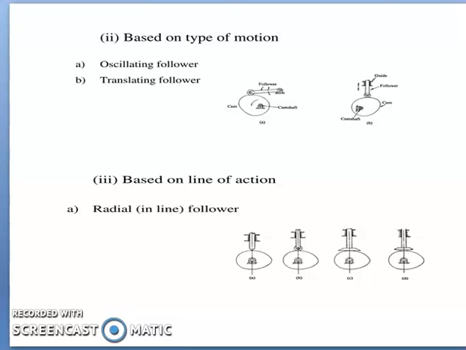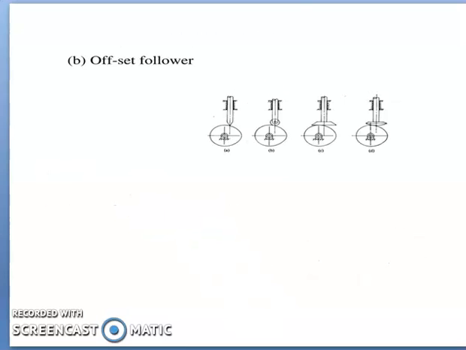And the next is the offset follower. If the axis of the cam and axis of the follower are separated by a small distance, then you call that an offset follower. So this is the classification of cam and follower.